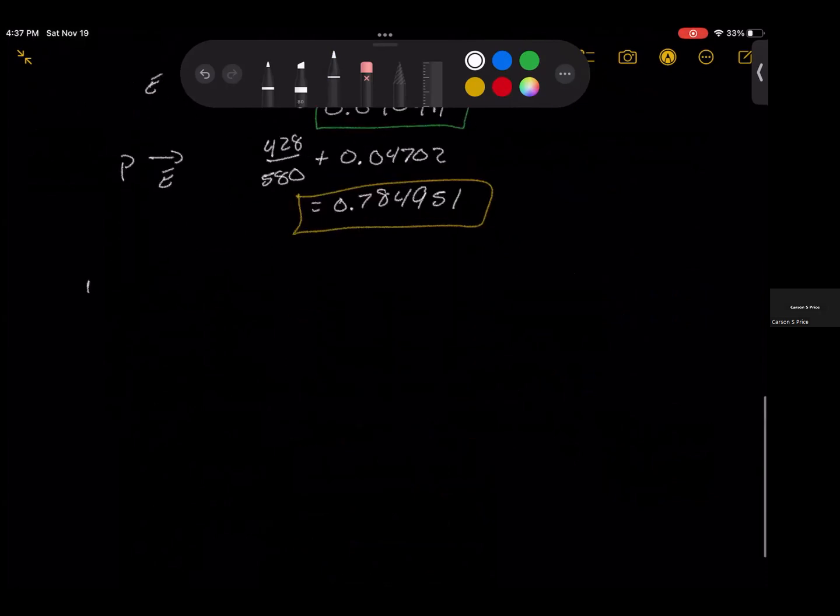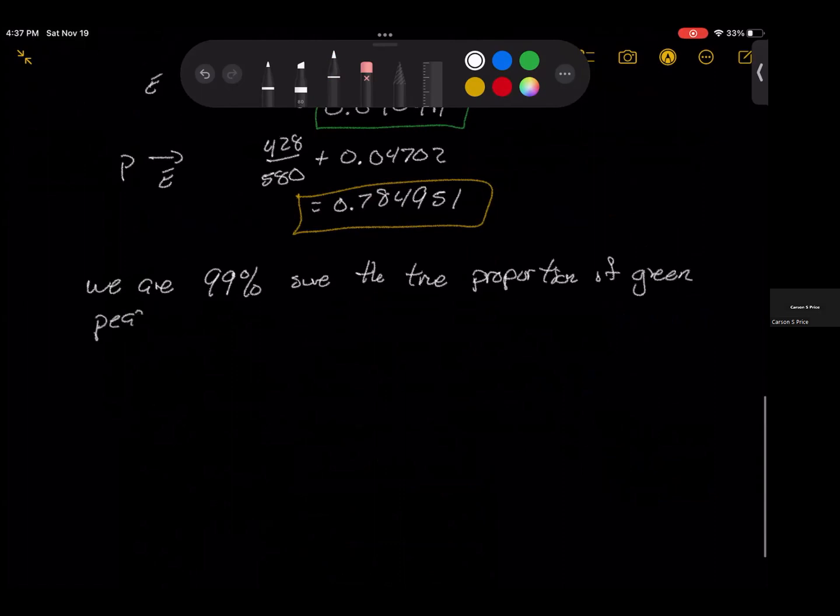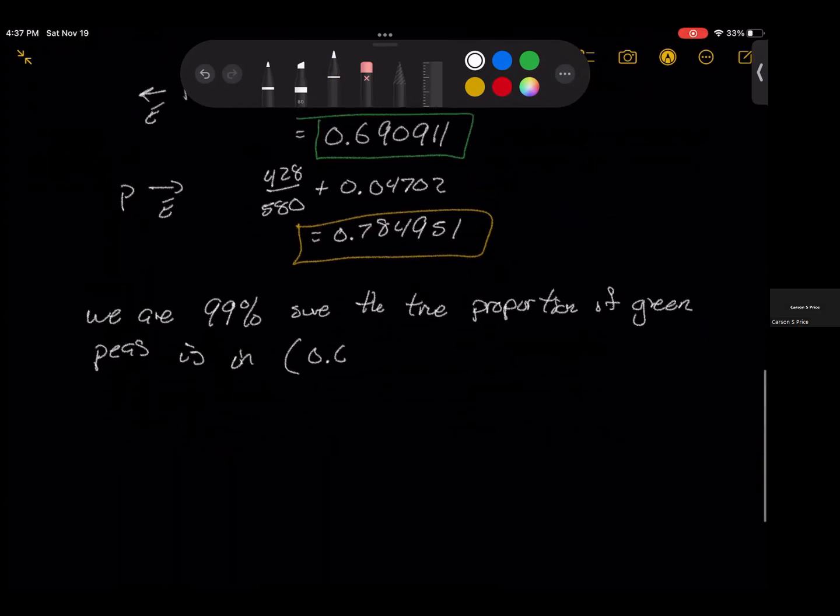So the conclusion is we are 99% sure the true proportion of green peas out of all peas is in the interval 0.690911 and up to 0.784951.